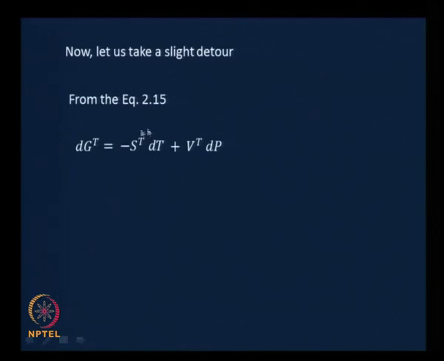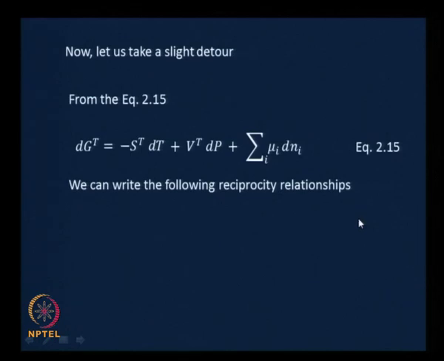You recall this equation now. By now you must be familiar with this, since we have seen this so many times and used it also. Plus, of course, this is a multi component system, therefore, sum over all i of mu i dn i. This is the equation 2.15 that we saw earlier. Recall the reciprocity relationships that we again saw in the second module.